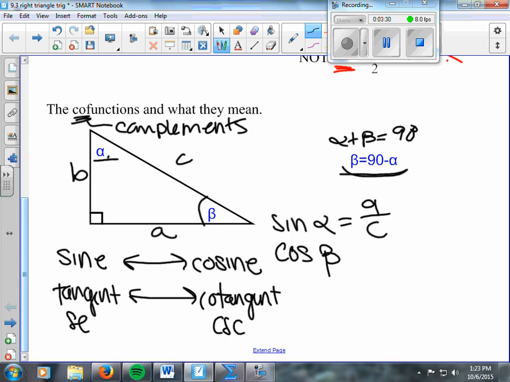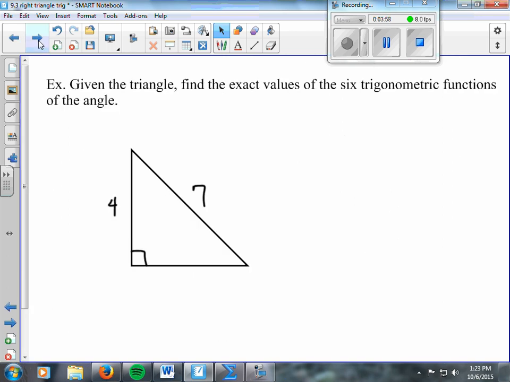Alpha and beta add up to 90, so they're complementary angles. When I do the cofunction of the complementary angle, notice we do adjacent over hypotenuse, you get the same answer. And that's just a nice little thing that comes out. That's why we name cosine cosine and not some other random name. It's the complement of sine.